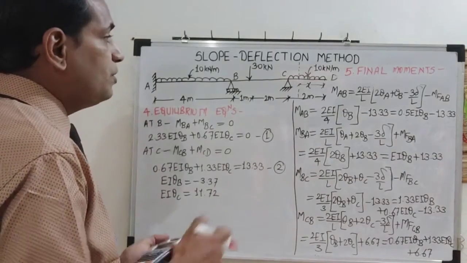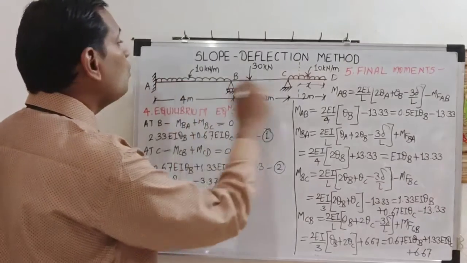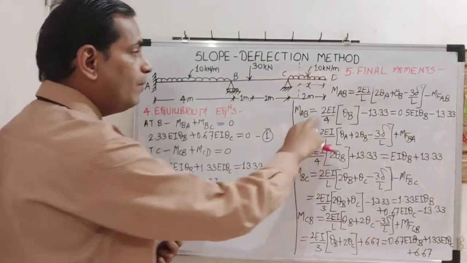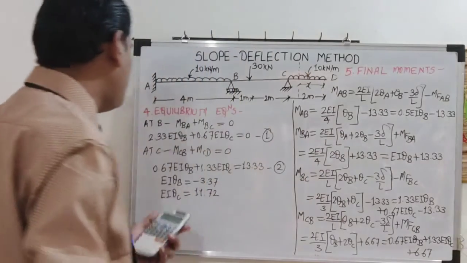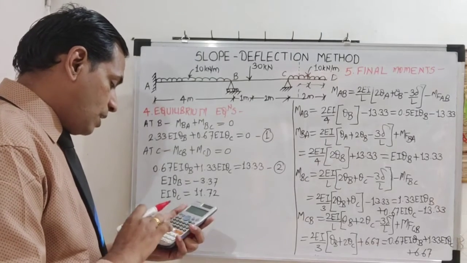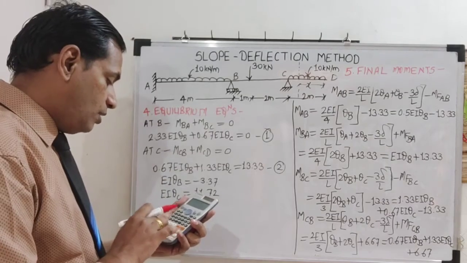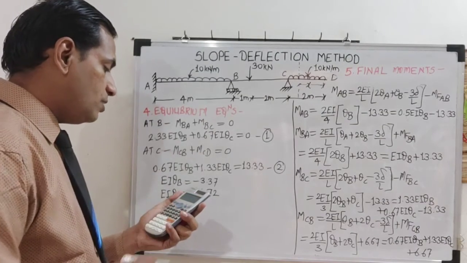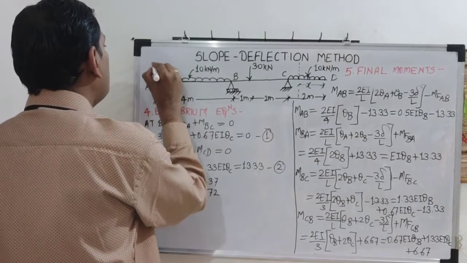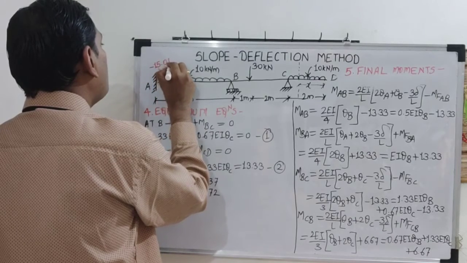I will calculate these values and note them in the loading diagram. So MAB is 0.5 EI theta B. EI theta B is minus 3.37. So minus 0.5 into 3.37 minus 13.33. The answer is minus 15.01. That is anti-clockwise. Minus means anti-clockwise. So minus 15.01 kilonewton meter.